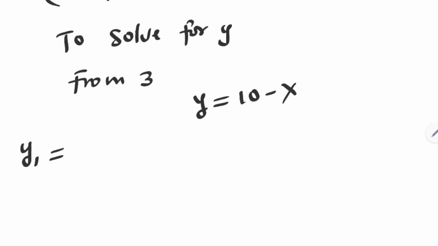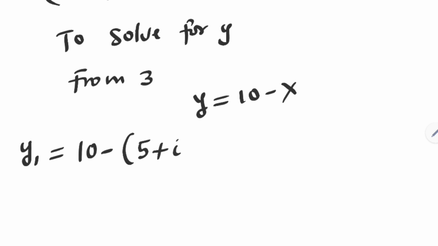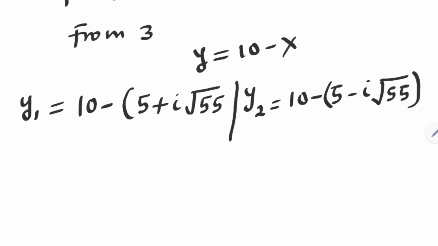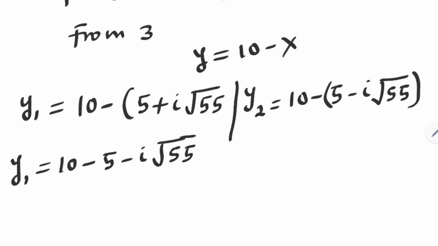y1 is equal to 10 minus x1, which is 5 plus i square root of 55, and y2 is equal to 10 minus 5 minus i square root of 55. y1 is equal to 10 minus 5 minus i square root of 55, if you open this bracket with this negative. y1 is equal to 10 minus 5.